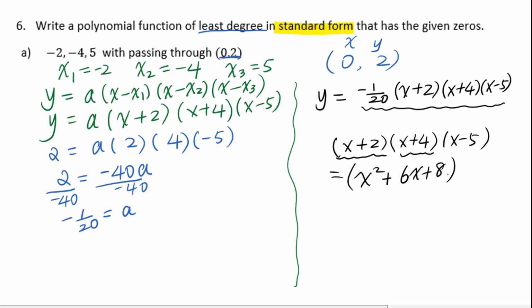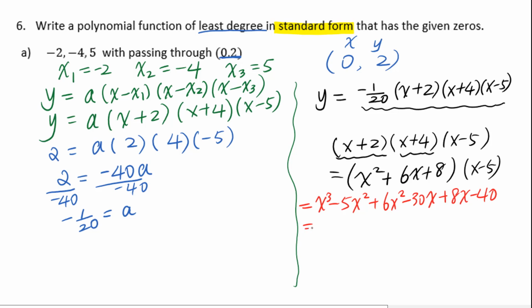Then we multiply by x minus 5. x squared times x is x to the third power. x squared times -5 is minus 5x squared. 6x times x is plus 6x squared. 6x times -5 is -30x. 8 times x is 8x. 8 times -5 is -40.